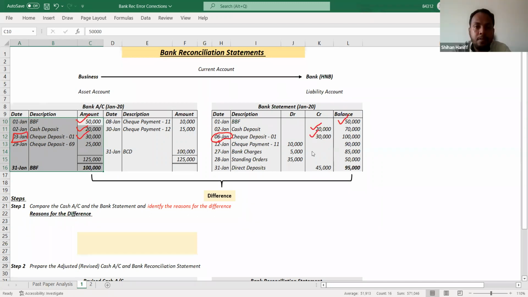So we can write under reasons for the difference, number 1: we call it unrealized checks. How much? 25,000. Unrealized checks 25,000. That is number 1.